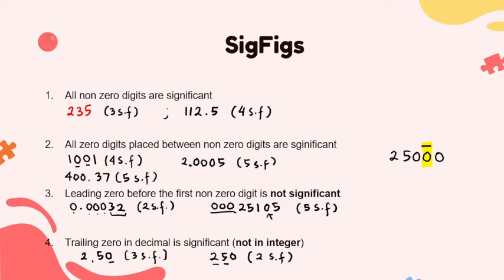What about the last zero, Mister? The last zero here, because the number is an integer, is not considered as a significant figure. Jadi cuma ada 4. The same number, but I put the mark in a different place.